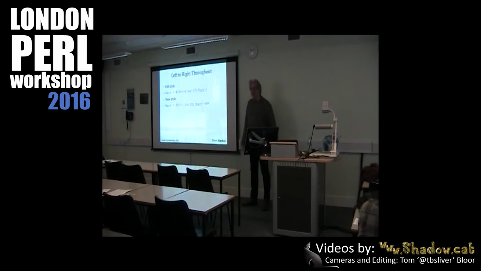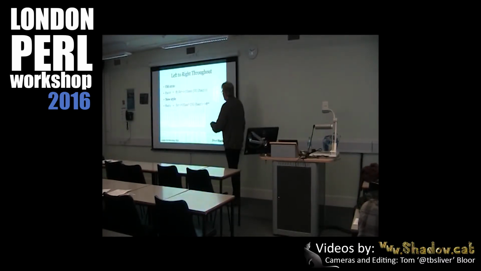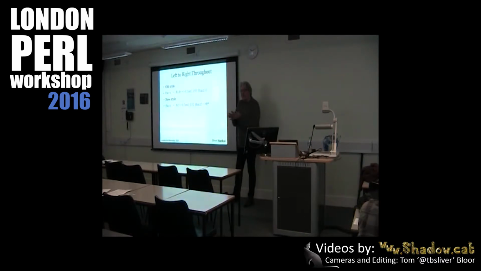Can I still put arrow in between the 4 and 0 in the new style? Yes. When you're dereferencing multi-level data structures, when there's an array index bracket next to a hash index bracket, the only way that makes any kind of sense to Perl is if you're doing multi-level dereferencing.